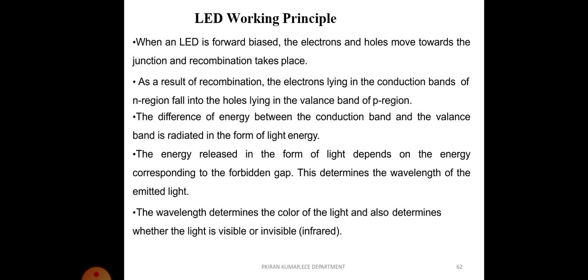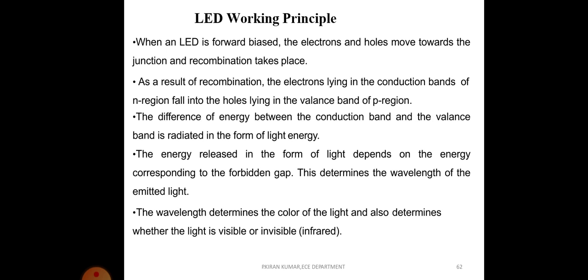Now the working of this LED. When an LED is forward biased, the electrons and holes move towards the junction and recombination takes place. As a result of recombination, the electrons lying in the conduction band of the N region fall into the holes lying in the valence band of the P region.